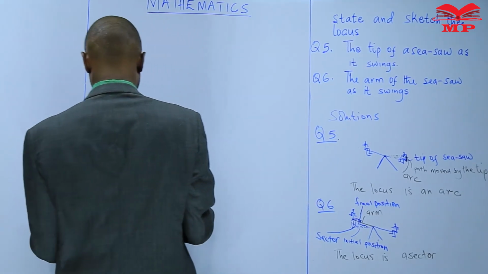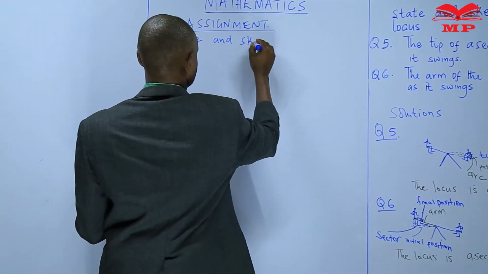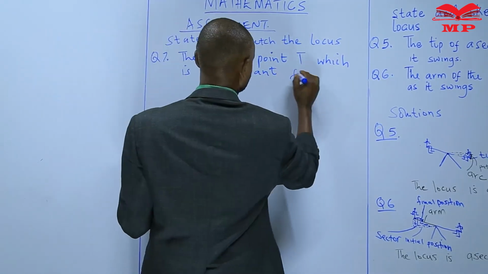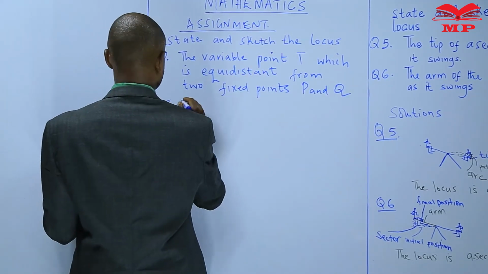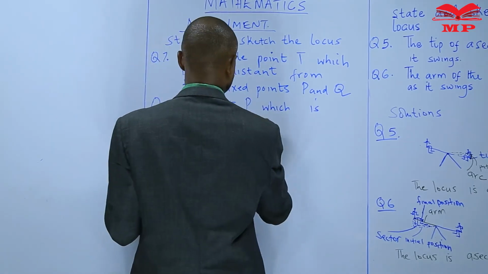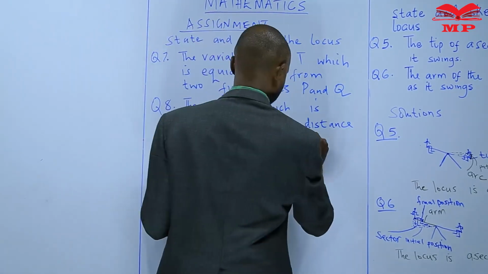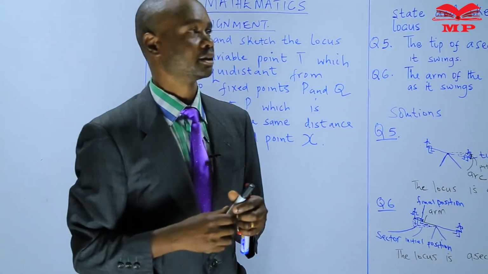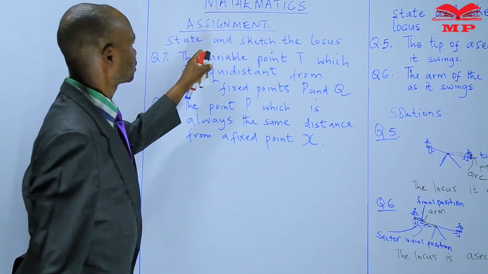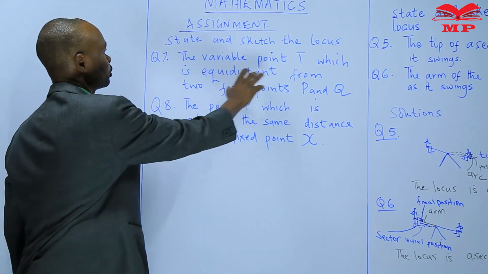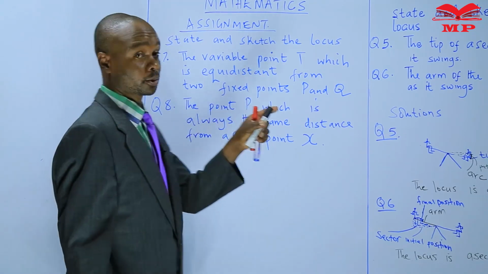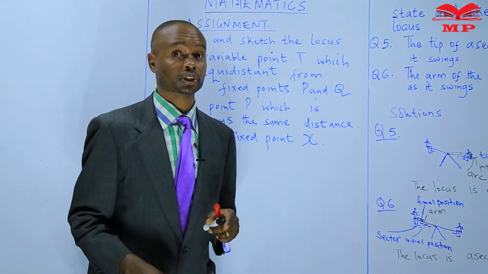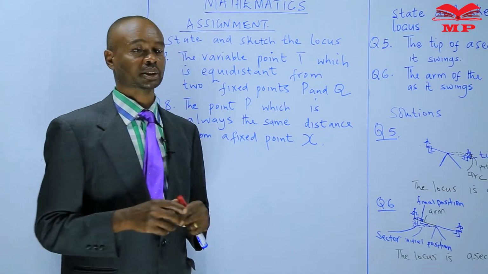Question 7, state and sketch the locus of the variable point T, which is equidistant from two fixed points P and Q. And question 8, the point P, which is always the same distance from a fixed point X.